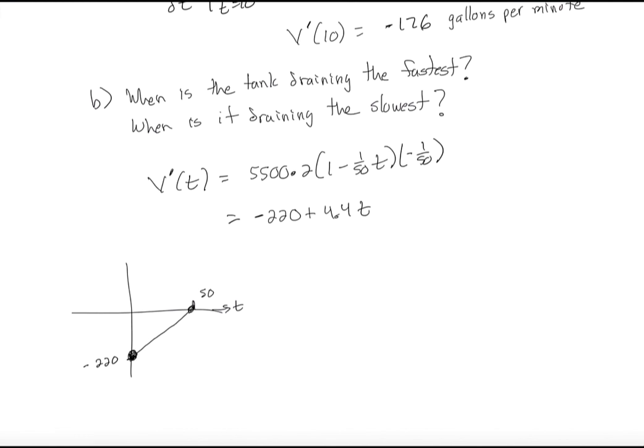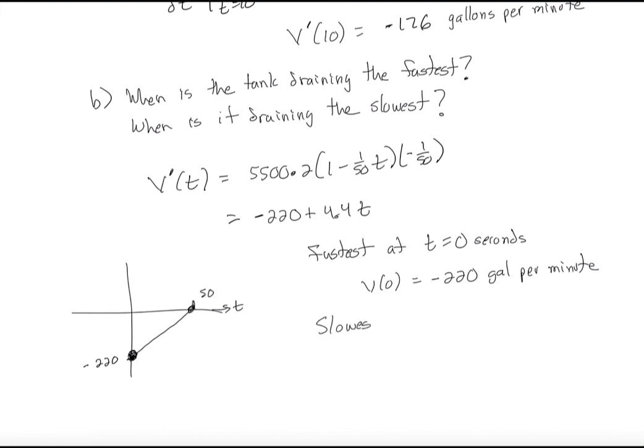It's going to be draining at 220 gallons per minute. So it's fastest at t equals 0, and the rate there is going to be negative 220 gallons per minute. And then we can see at 50 minutes is when it's the slowest.